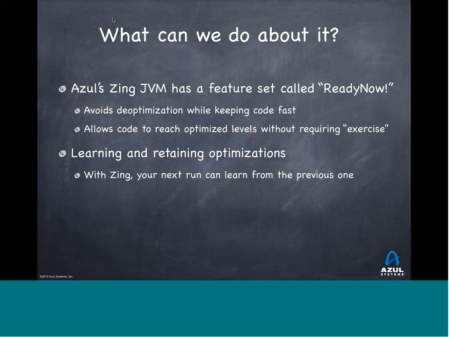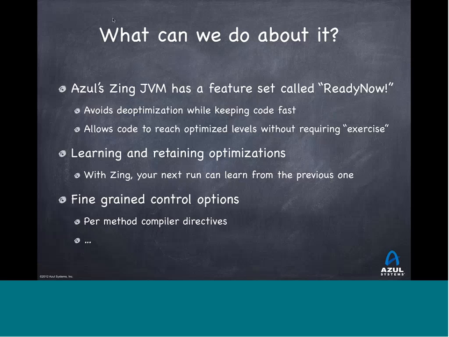One of the powerful things that allows that is that a Zing run can learn from and retain optimizations from a prior run. Yesterday's run and yesterday's optimization decisions can affect today's optimization, so you can run fast from the start. We also include a lot of fine-grained control options, things like per-method compiler directives, and a lot of workflow things that help gain confidence in the speed you'll have at market open rather than waiting to see what happens.